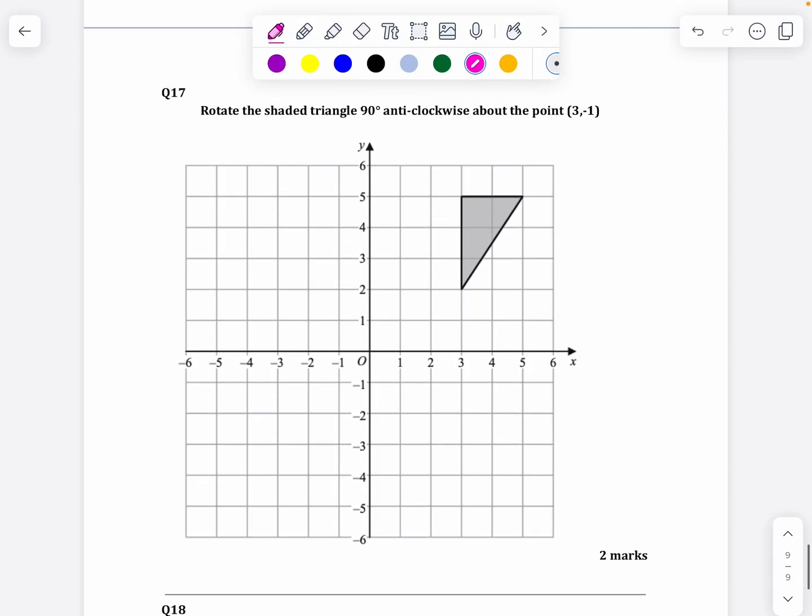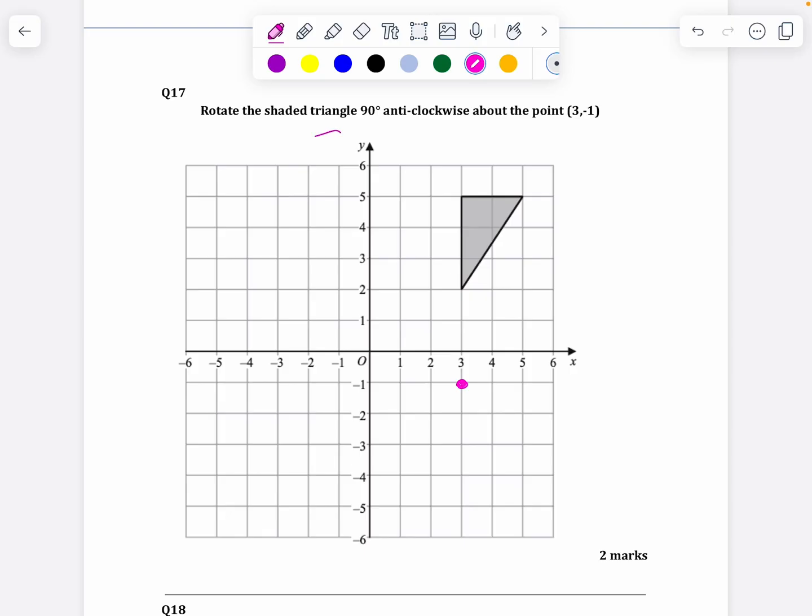Okay, another rotation. Remember, when we're doing a rotation, you need to put your tracing paper over the shape, including your center of rotation, which in this case is 3, minus 1, so here. Then put your pen or pencil down and rotate it anti-clockwise.